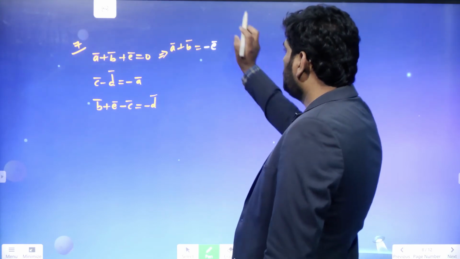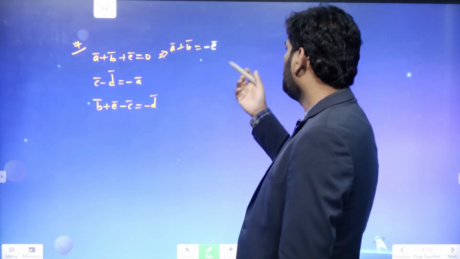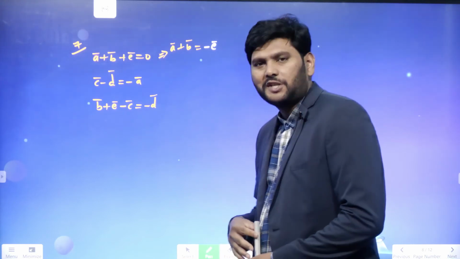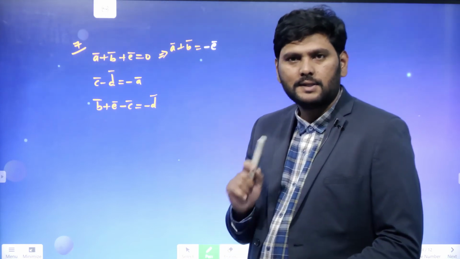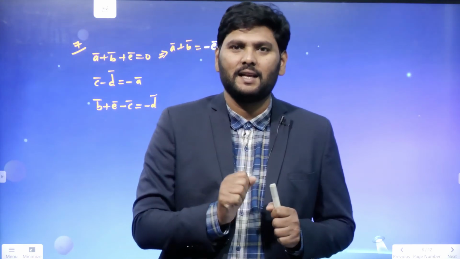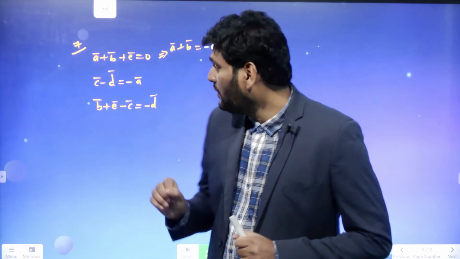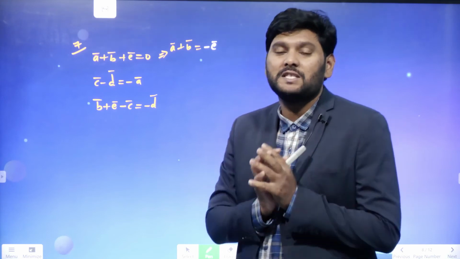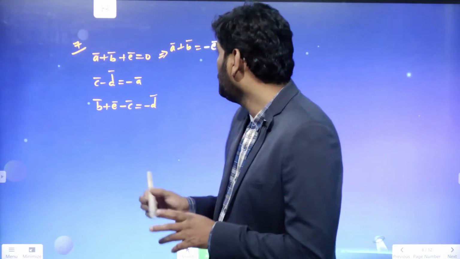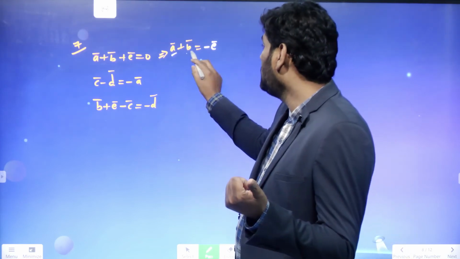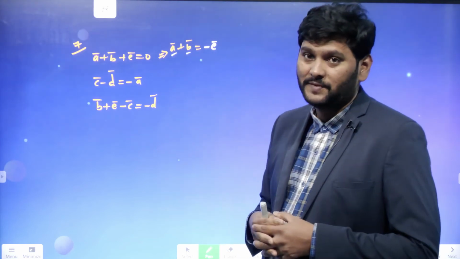Now let us take this as vector A. Actually, you know one thing, this question is incomplete, because whenever they're asking for the relation, they must give the diagram. You don't know in which direction vector A is acting, or vector B, isn't it?